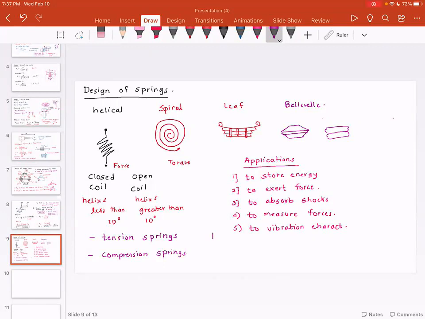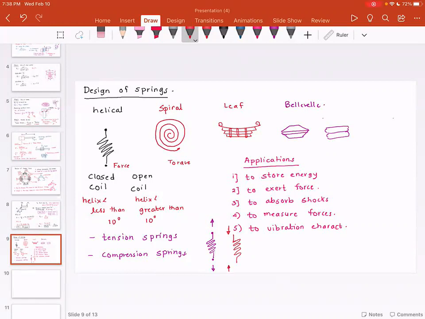For example, if I want to show you a tension spring, it is going to be like this. This spring is going to apply forces in this direction. If you have a compression spring, then you will have a spring like this. That spring will be applying compressive forces. So you could have tension springs, you could have compression springs.